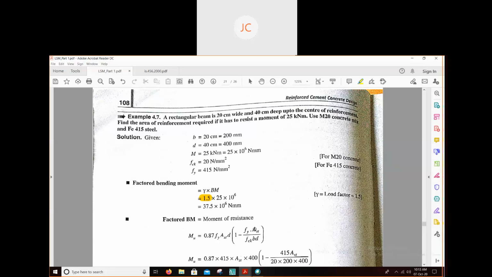Anyone got the value of AST? Benison, Wilson, Shiroda, anyone? Area of steel?